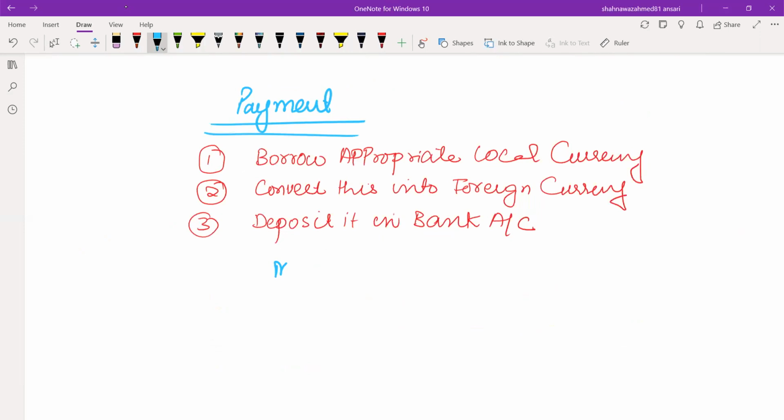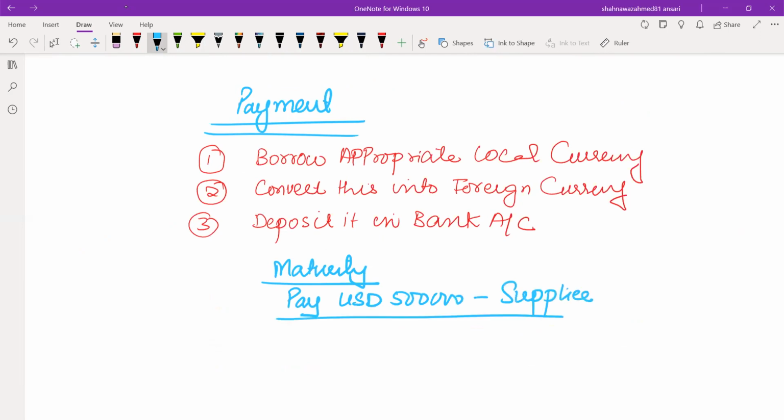At maturity, suppose you have to pay USD 500,000 to your supplier. From where can you pay? What will you do? In your deposit account, you have the 500,000 USD. So pay from your deposit account.